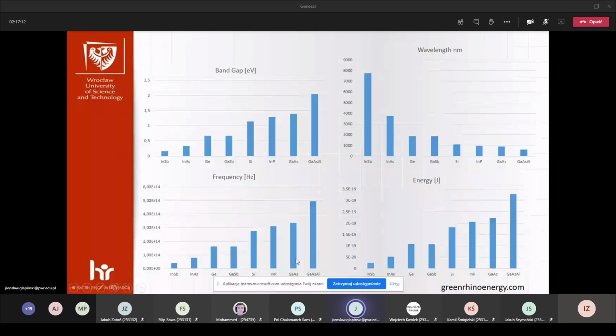And these are different frequencies and different energies, because we've got different band gaps. This allows us to produce more energy from one cell.